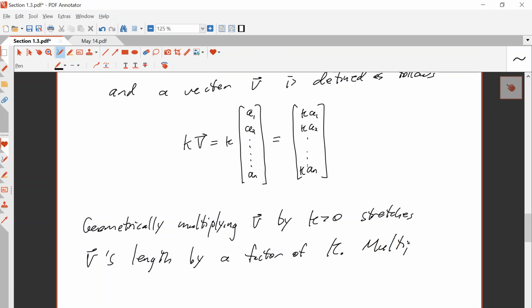Multiplying v by k less than 0 does the same and reverses its direction.